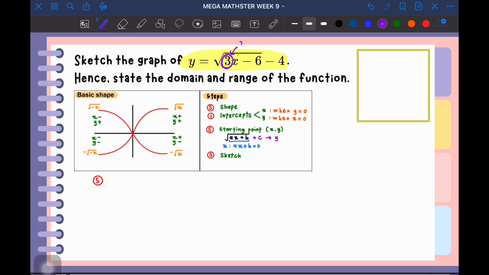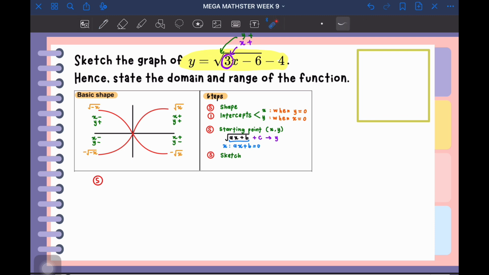So 3 is a positive number, means that x is positive. So in front of x, we see it as the sign for x. So x is positive. And then in front of the square root sign, that one stands for your y symbol. Okay, so our y is positive, right?